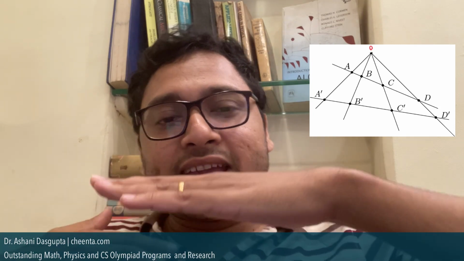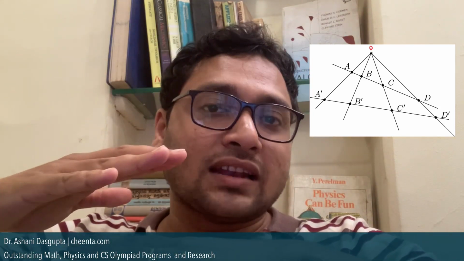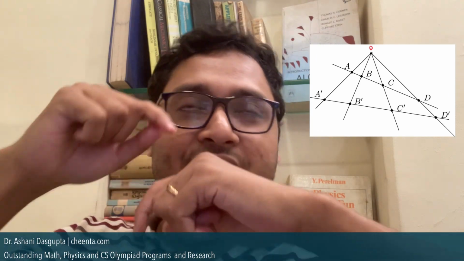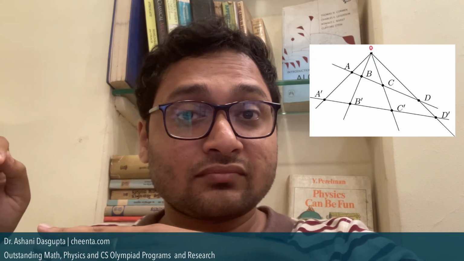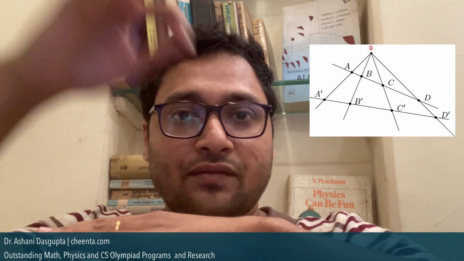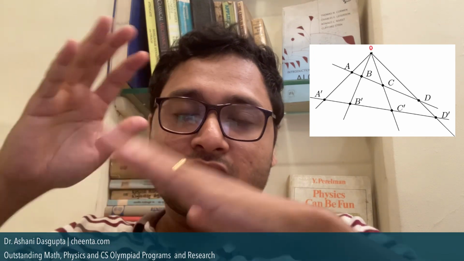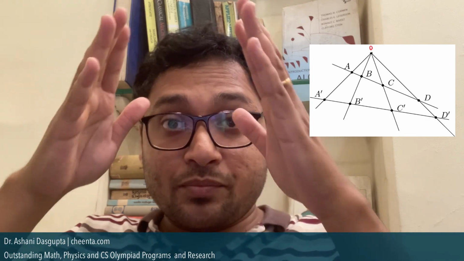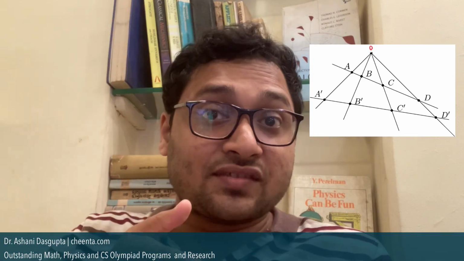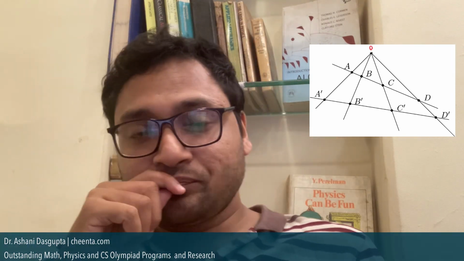So if you take another line that cuts through the lines of sight and the points of intersection are A1, B1, C1 and D1, from the observer you have the lines of sight. So you have ABCD on the first line and A1, B1, C1, D1 on the second line. These are the intersection points of the lines of sight with those two lines.